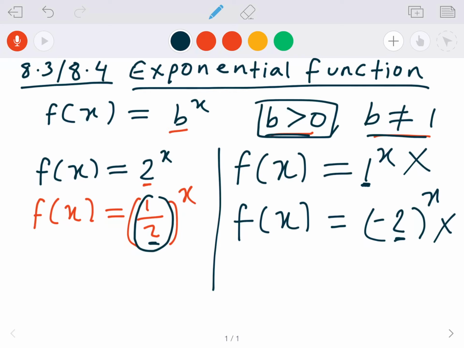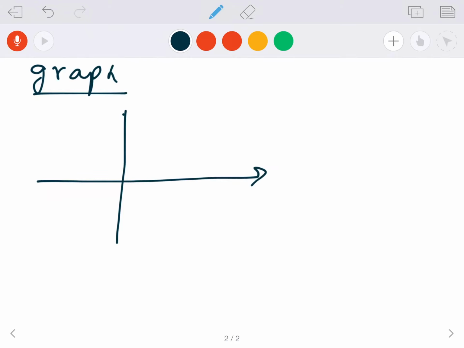Okay, now let's see the graph of an exponential function. The graph of an exponential function is always like this.